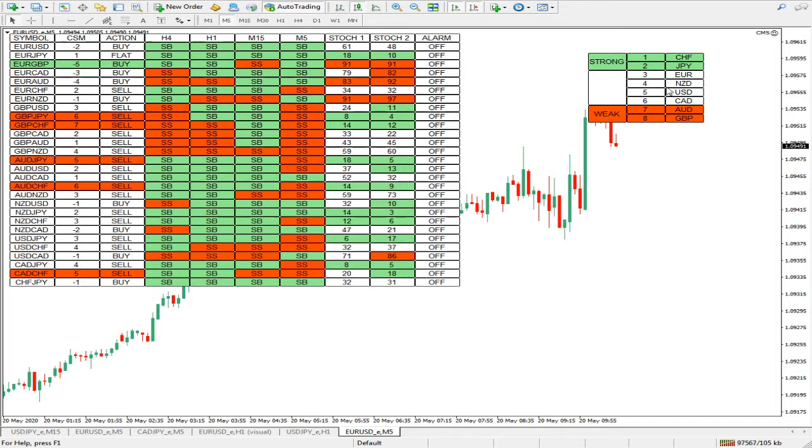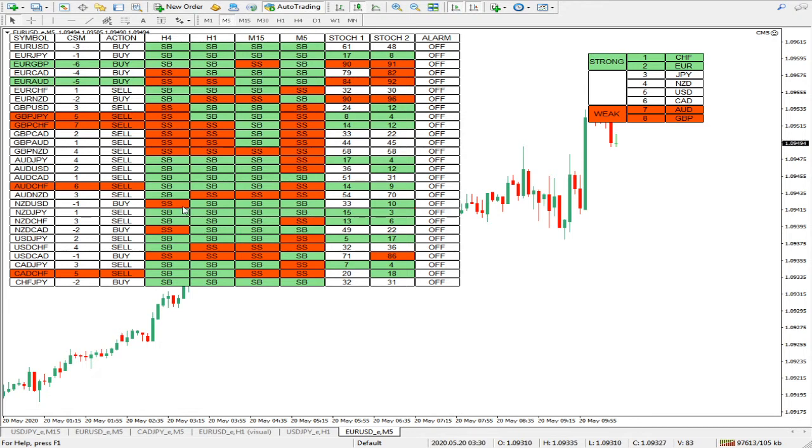Based on the trend, we have euro USD, there's an active uptrend, and then we have euro JPY, an active uptrend, and then we have AUD CAD, an active uptrend, then we have NZD USD, NZD JPY, NZD CHF, and NZD CAD.